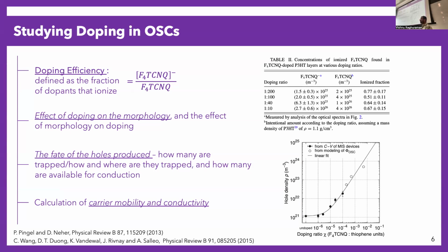Like how many of them are actually producing free carriers that will lead to conductivity, or how many of them are getting trapped in one of the many trap states that can be present in the system? And then finally, some sort of first principles or pseudo first principles calculation of carrier mobility and conductivity in these systems, which is sort of the final goal of all of this modeling.